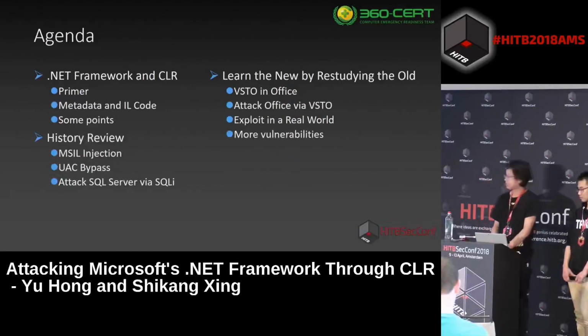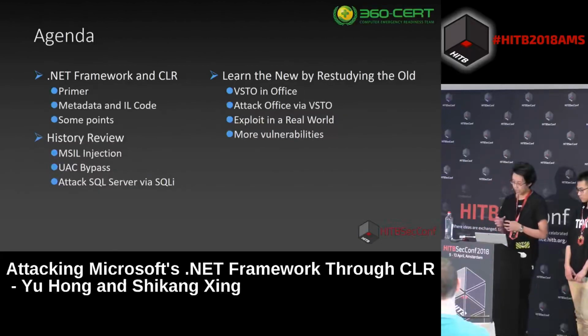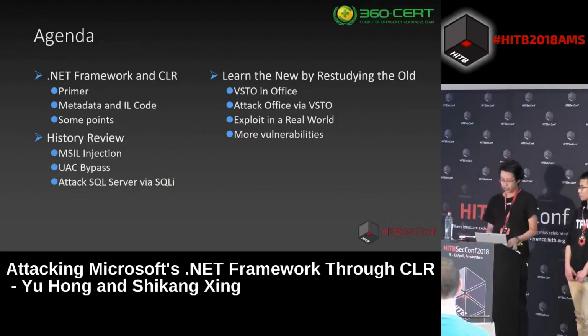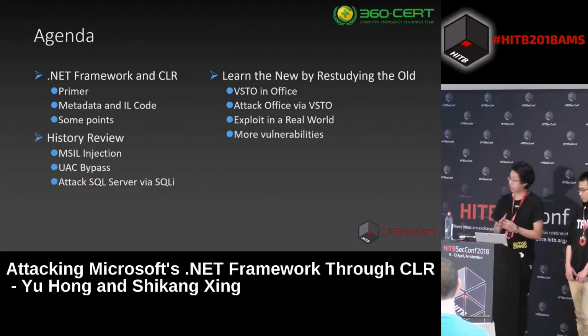Okay, this is the agenda. First, we will introduce some basics of the .NET framework and CLR. The core point is MSIL code and some points we're interested in as possible weaknesses. Then we will review some earlier security issues for CLR, and we can learn from the history.